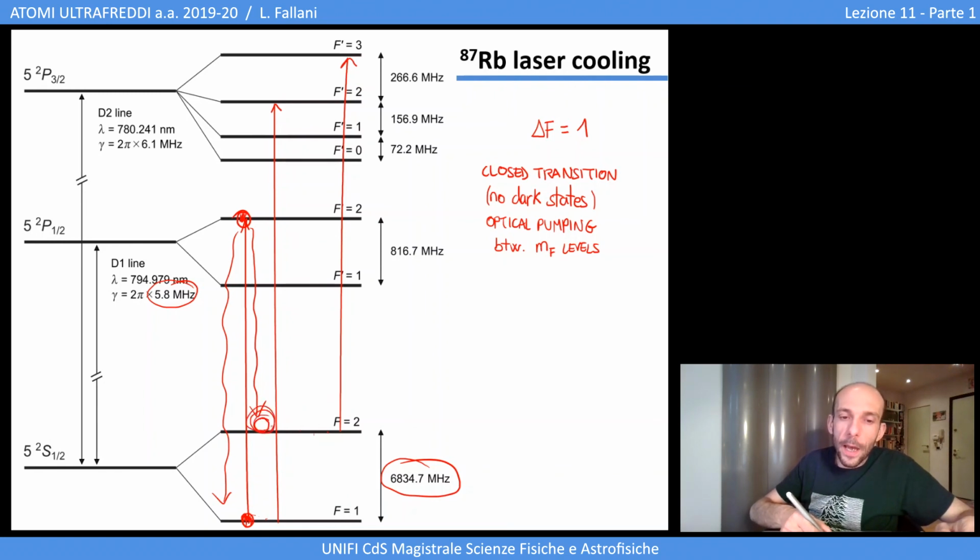And so at the end, you will pump all your population in the f equal 2 state, and so you will not have any more atoms in the f equal 1 state.